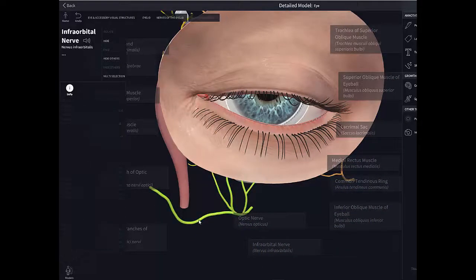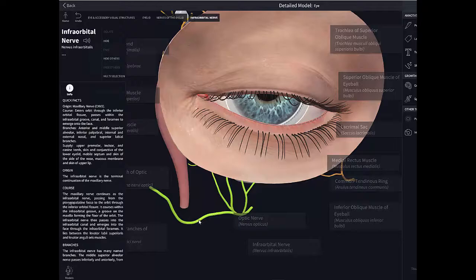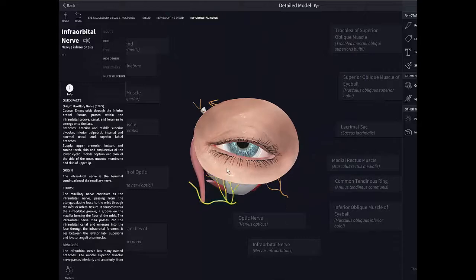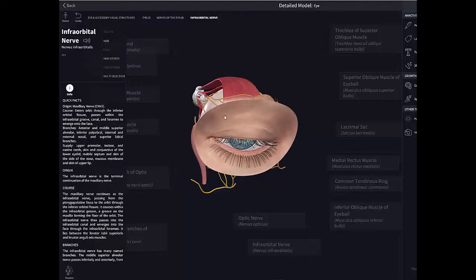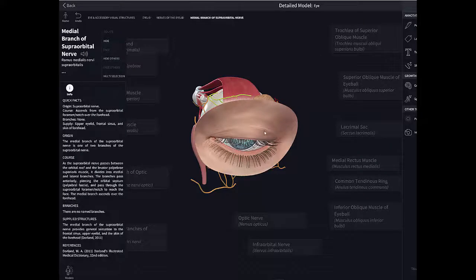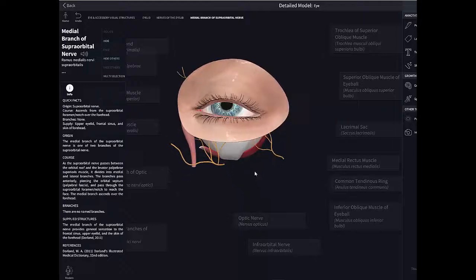And down here is going to be your infraorbital nerve. Okay, so the infraorbital nerve is actually part of V2, so the maxillary division of the trigeminal nerve, and the supraorbital nerve is part of V1, so the ophthalmic division of the trigeminal nerve, of course.